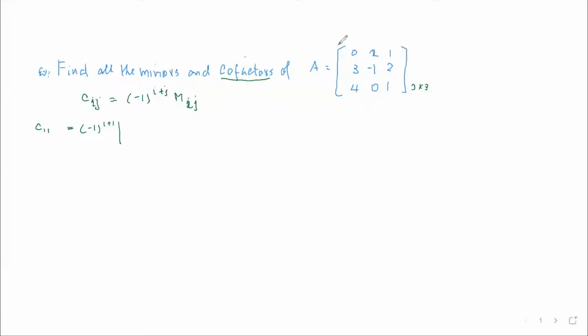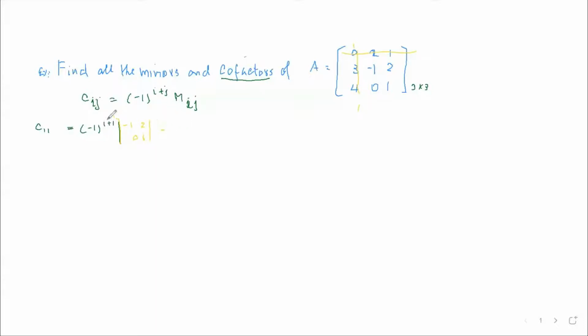If I cross out row 1, column 1, I leave this part, so I write this down: negative 1, 2, 0, 1. After this you simplify.